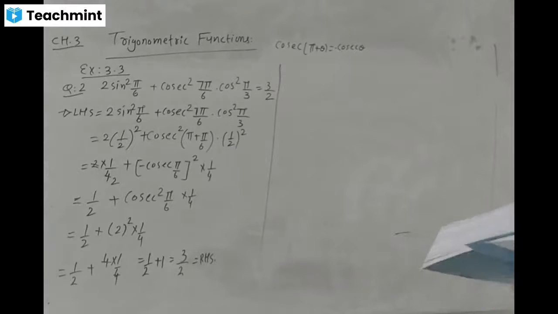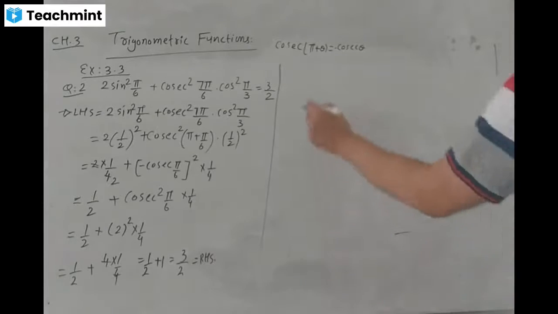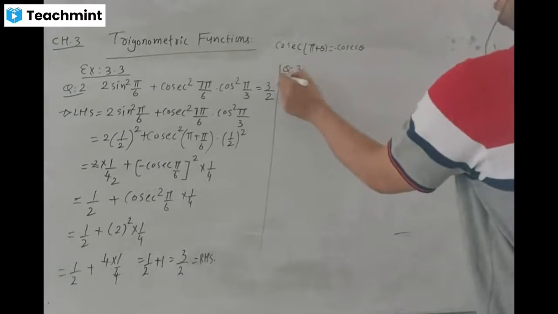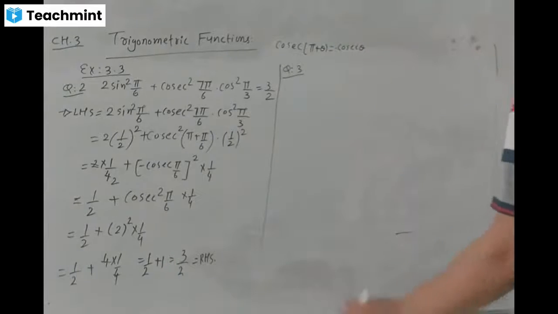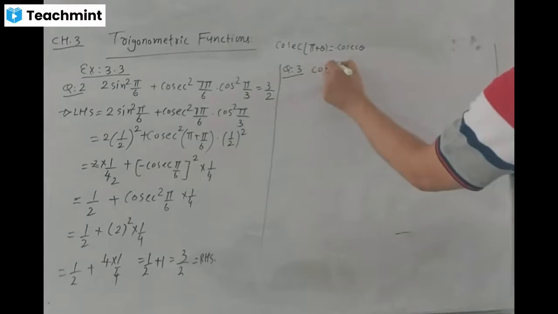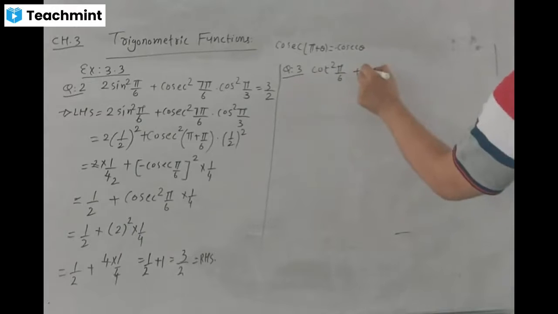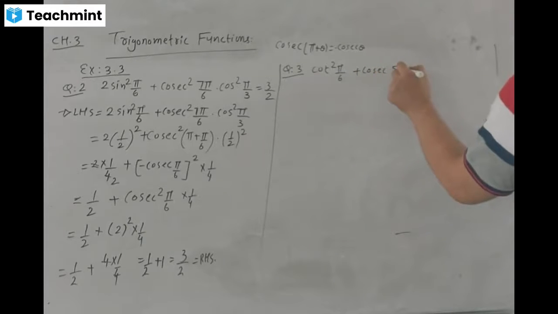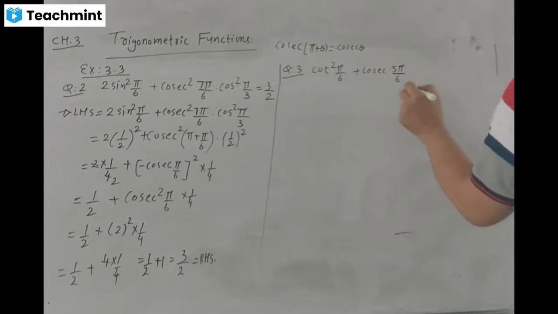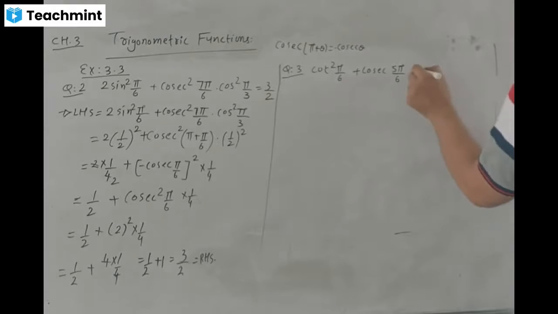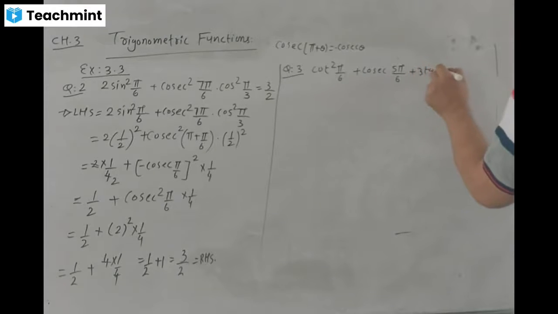Okay, chalo, question number 3. Cot square pi by 6 plus cosec 5 pi by 6 plus 3 tan square pi by 6, that is equal to 6.